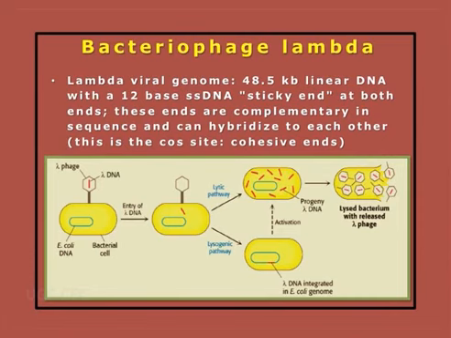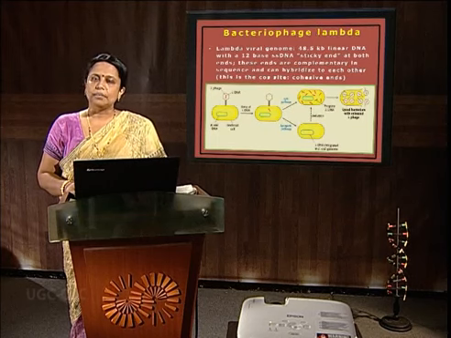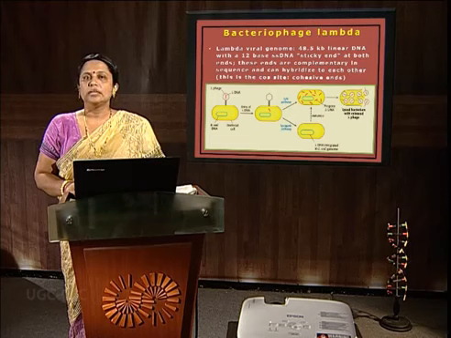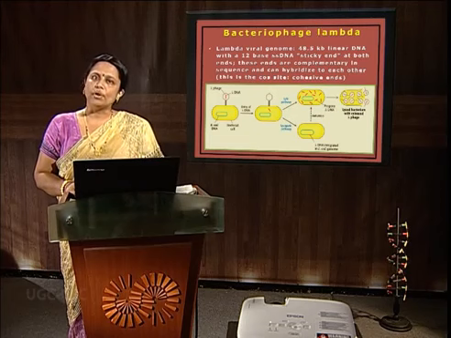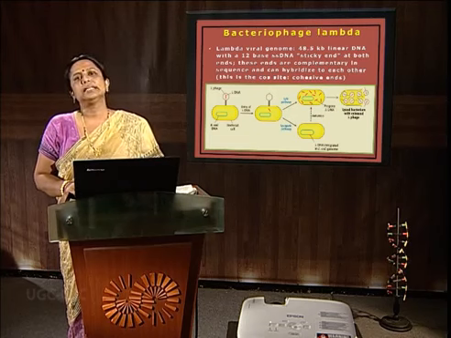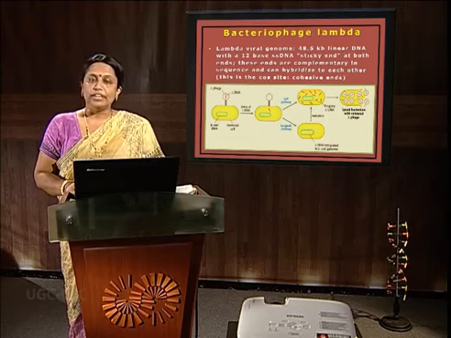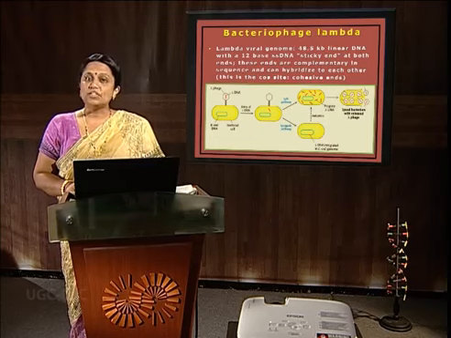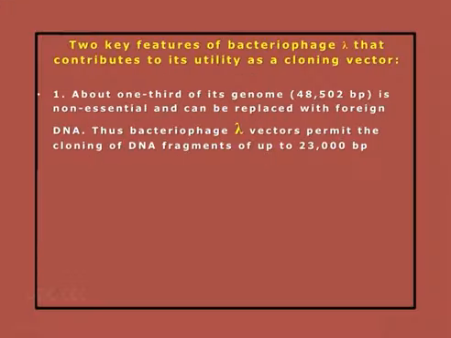The most interesting part is that it can naturally infect bacterial cells. So the introduction of any foreign DNA utilizing bacteriophage lambda is a very good method with better transformation efficiency.